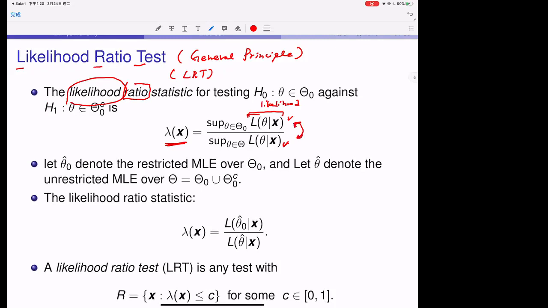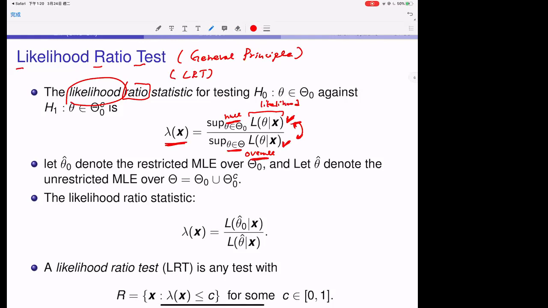The difference would be your numerator is under null space, theta belongs to theta naught. Then your denominator is not the alternative. Pay attention to that. This guy is null. Your denominator is what? Under overall space. Again, numerator under null space, denominator under overall space.